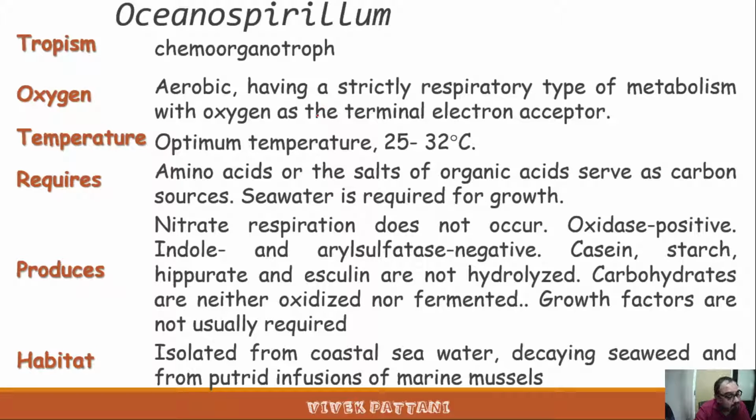Now, they are chemoorganotroph and aerobic, with an optimum temperature range of 25 to 32 degrees Celsius. Amino acids or salts of organic acids serve as carbon sources, and seawater is required for growth.